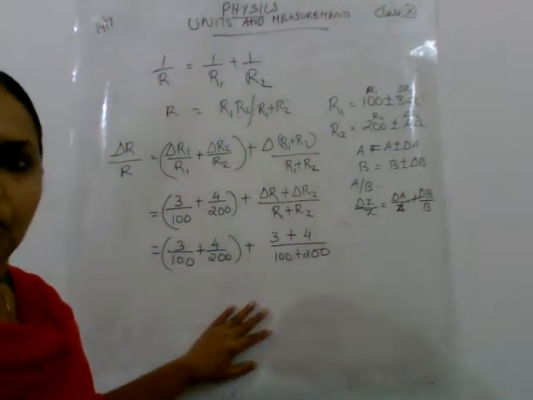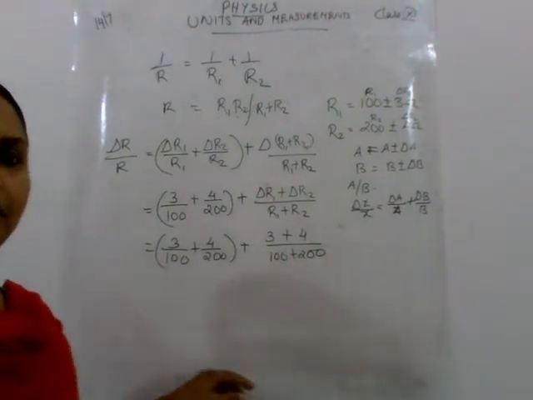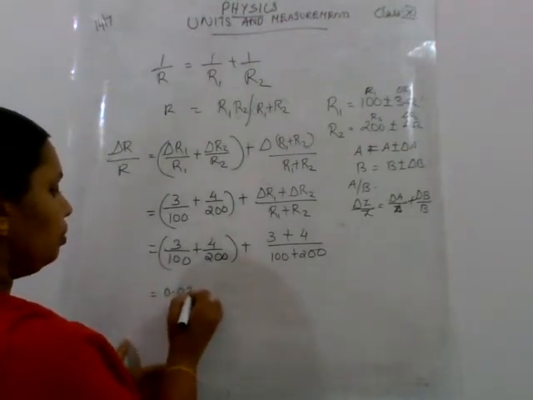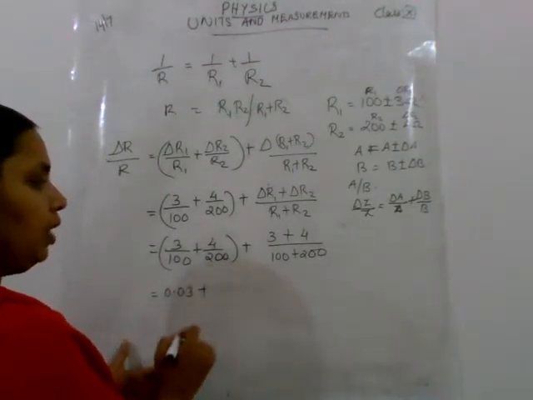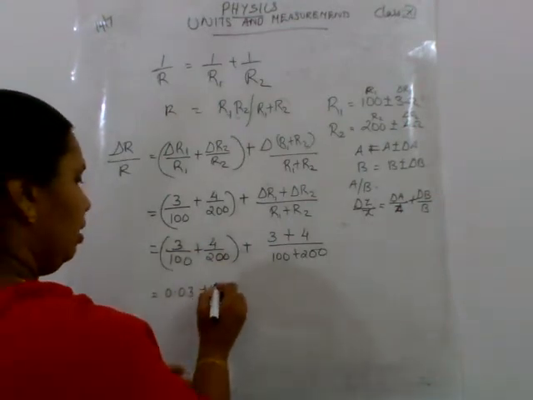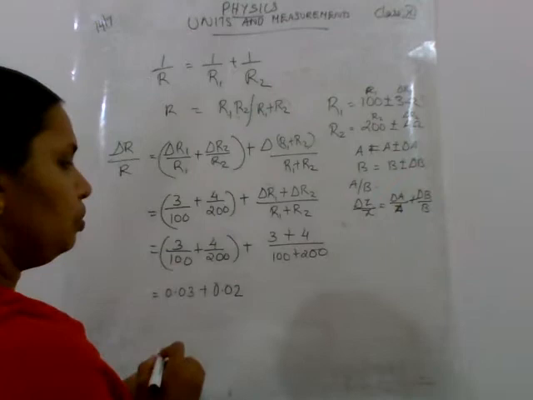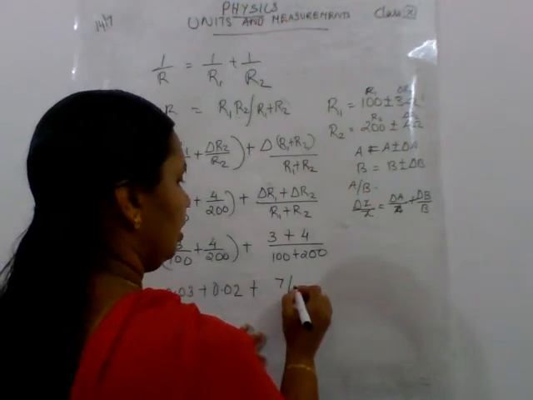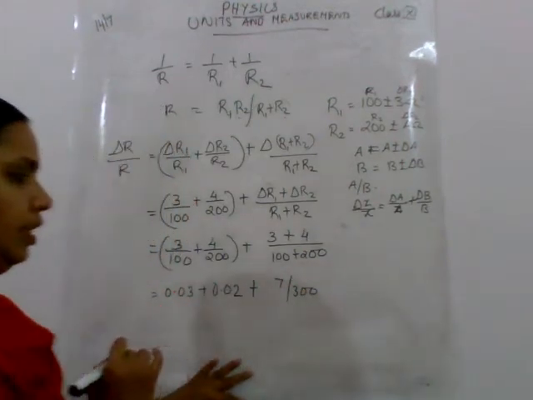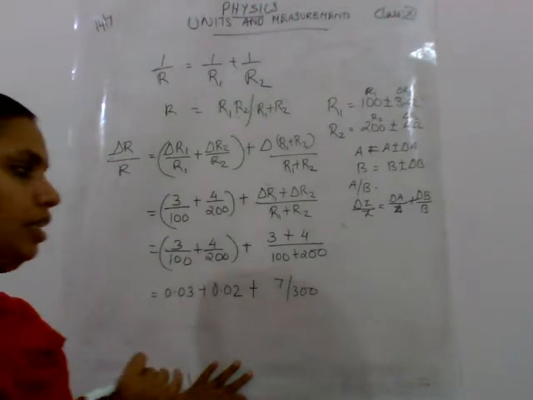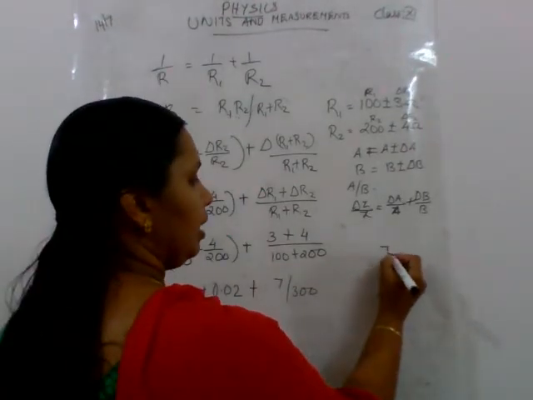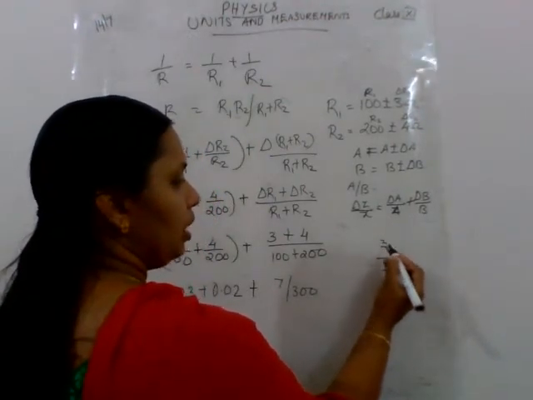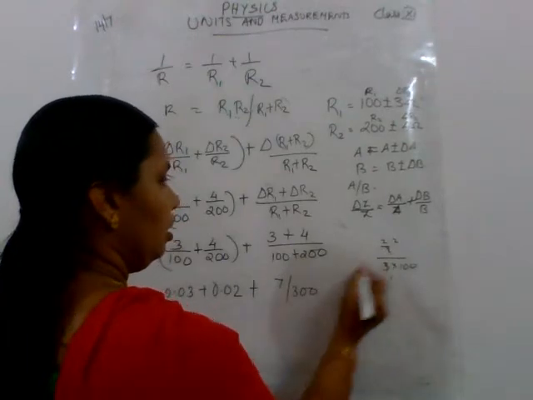So how much is it? 3 by 100 is 0.03, plus 4 by 200 means 2 by 100, 0.02, plus 7 by 300. That is 7 by 3 into 100, and 7 by 3 is 2.3.